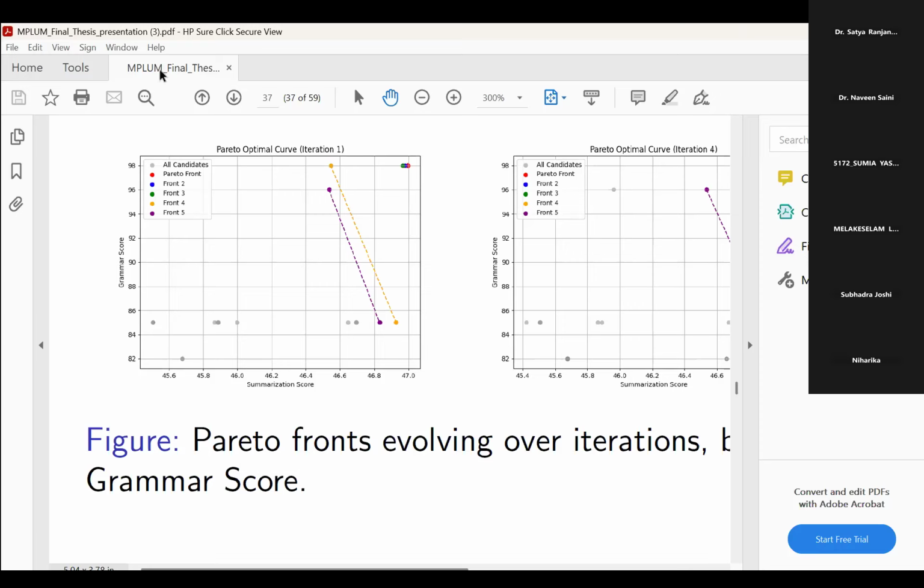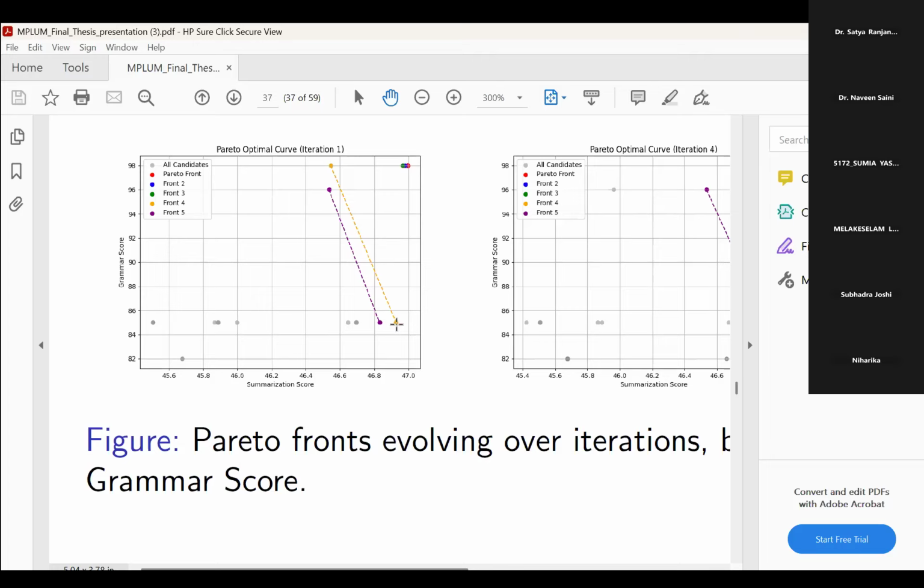For example, you can see these two solutions, this yellow color 98 and this one. These two solutions are non-dominated to each other. Why? Because on one axis is the grammar score, and the other axis is the summarization score.